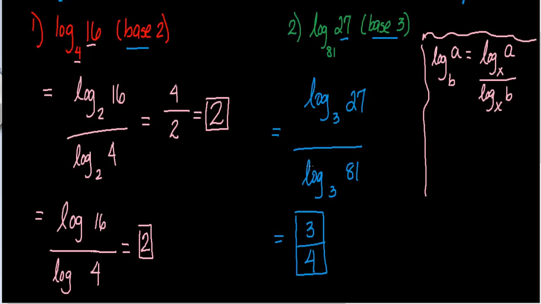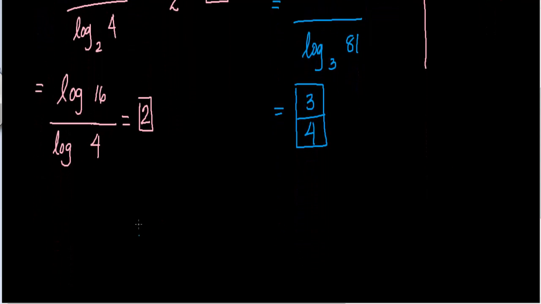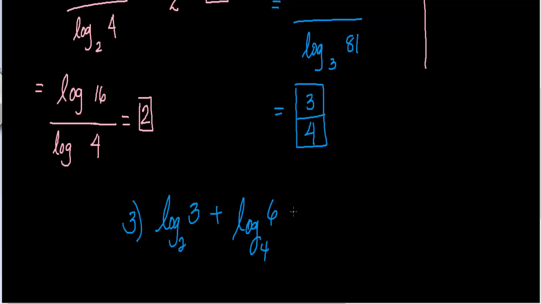Okay, so this can be used for other problems that will require you to change bases before you can try and simplify them. For example, if I were to ask you, this is just an example, we're not going to go over it, but if you had something like log base 2 of 3 plus log base 4 of 6, for example, equals, I don't know, let's say x. I cannot join these two logs as a multiplication if I try to use the product law. I can't join these as a product because the bases are different.